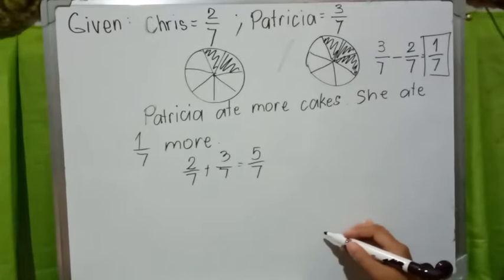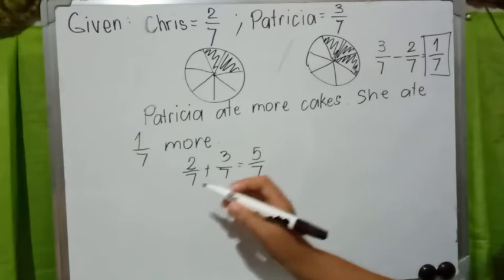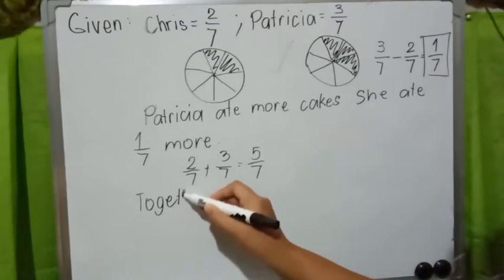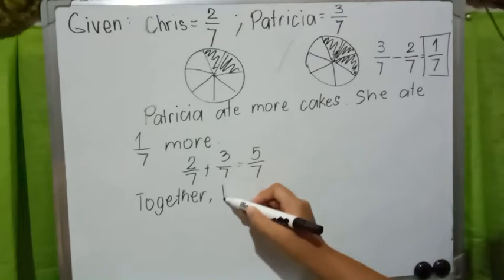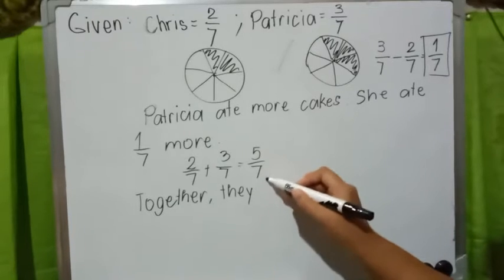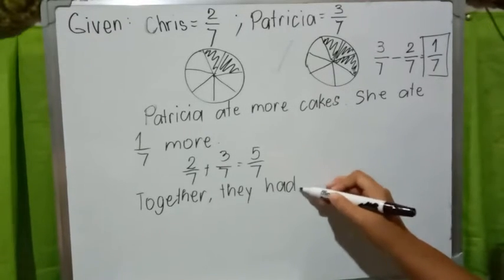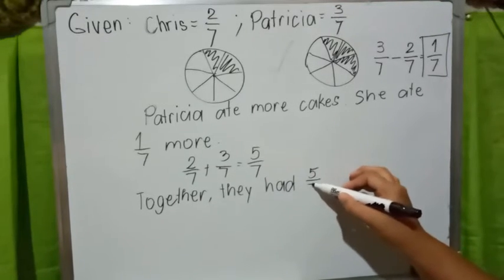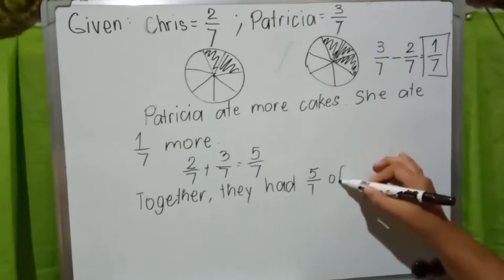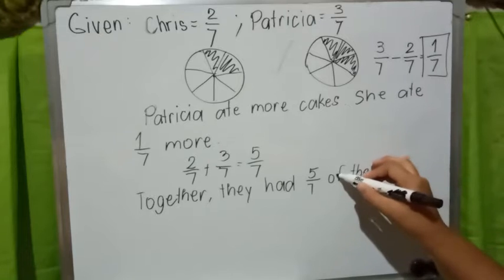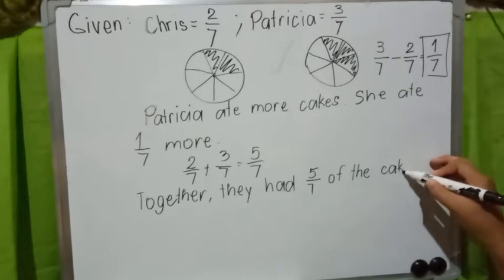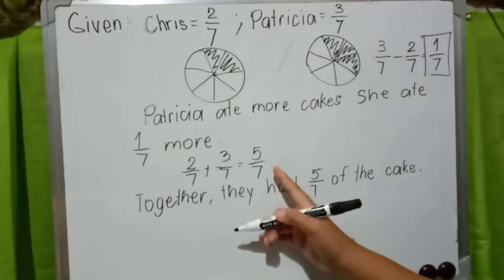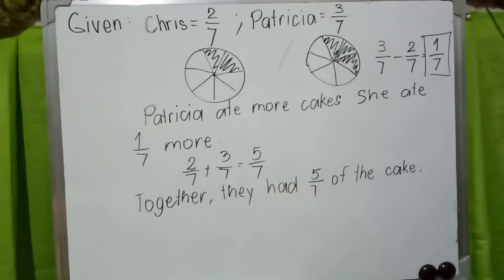So we can see that together they had 5/7 of the cake. All in all, they ate together 5/7.